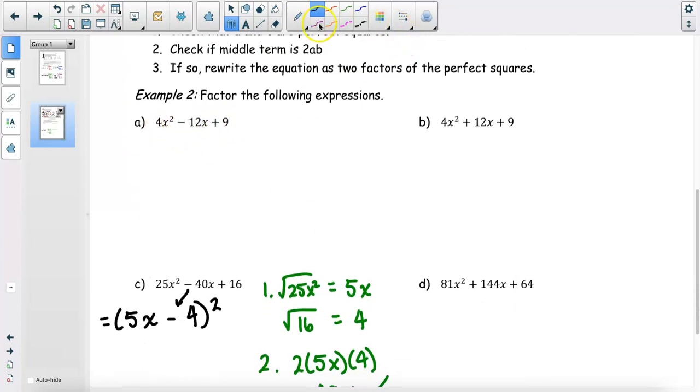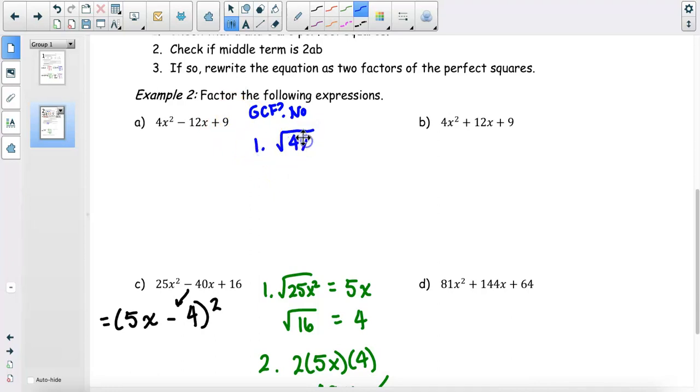So let's take a look at this next one here. We have 4x squared minus 12x plus 9. Do we have a GCF? No, we do not. Okay, always ask yourself that question. I've noticed here that this can be square rooted nicely, and a positive 9 can also be square rooted nicely. So we're going to see if these are both perfect squares.